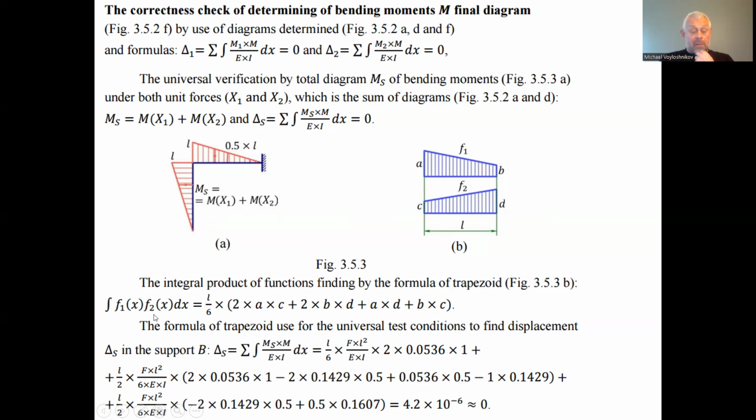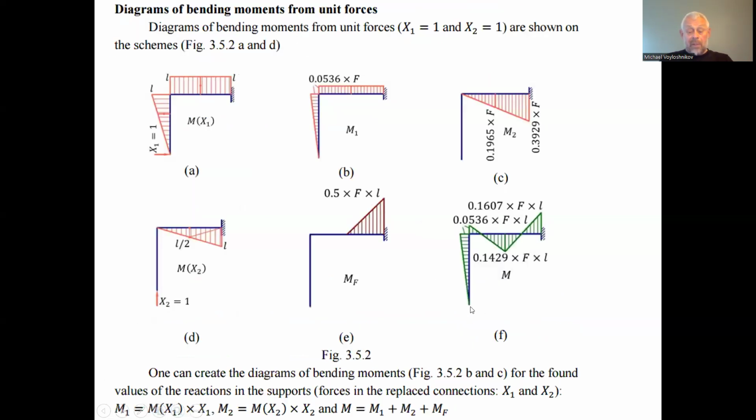So using this formula for the integral of the product of two linear functions, we apply it on the interval for the first segment, then for the second segment between this corner point of the diagram and the next, and then from this corner point to the embedding here.